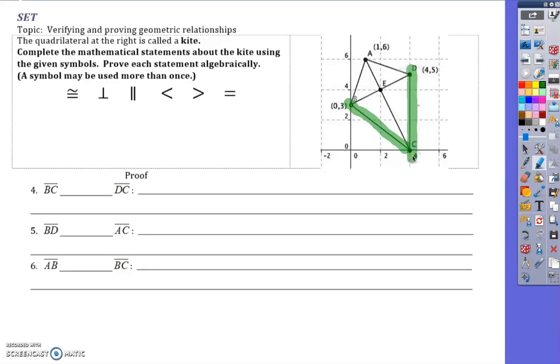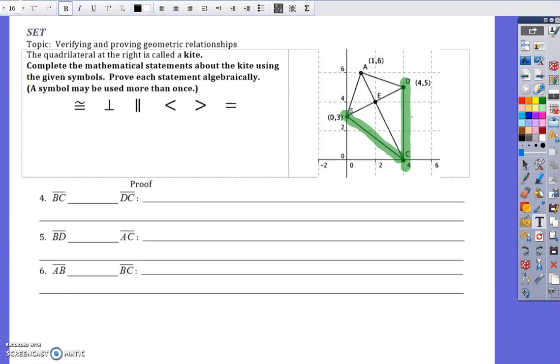And what do you think? Are they congruent? That's what the first symbol means. And I'm going to type congruent. Our second symbol is perpendicular. Our next symbol is parallel. And then this one is less than.